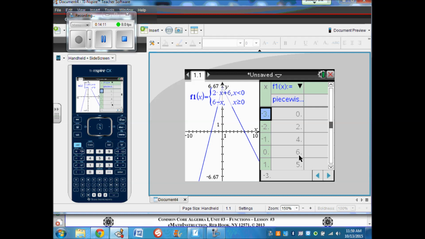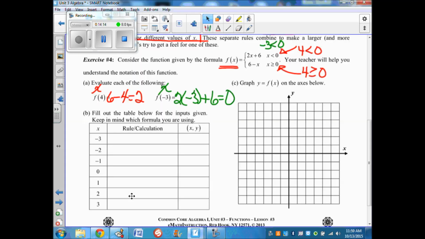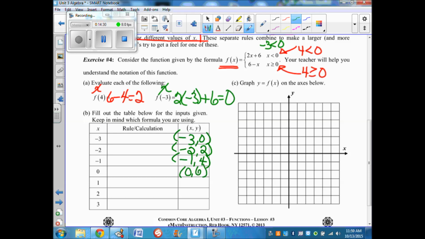All right, so let's get those points down on our paper. Okay, so -3, 0; -2, 2; -1, 4; 0, 6; 1, 5; 2, 4; and 3, 3.